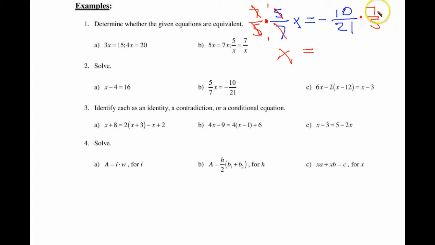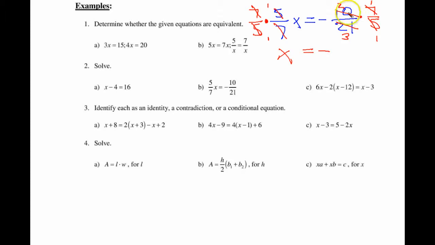Now here we have a fraction times a fraction. One is negative, one is positive, so our answer is going to be negative. Negative times a positive gives us a negative. Now 7 will go into there once. 7 will go into there 3 times. 5 will go into there once. 5 will go into there twice.